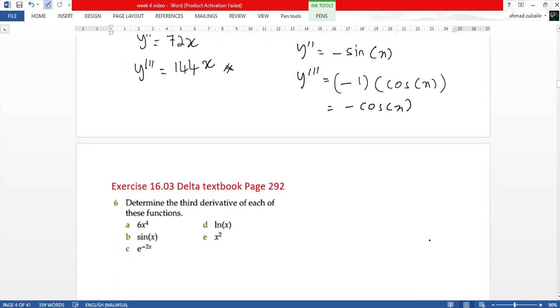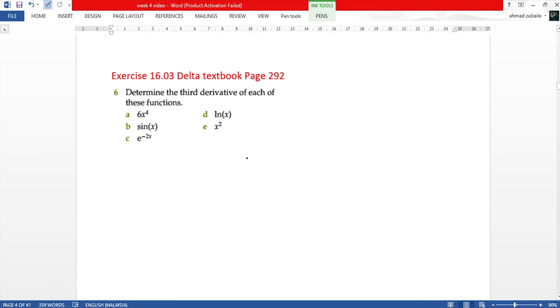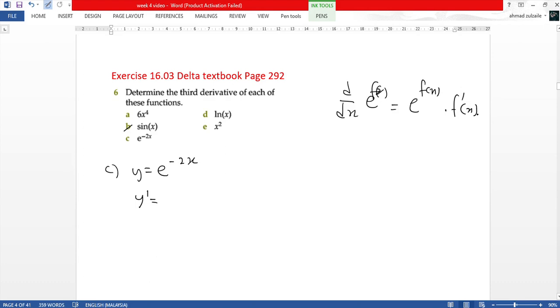Alright, moving on. So number 1, question A and B is done. Question C. Y equal to exponent negative 2x. So y prime. Remember, differentiate of exponent of function is number 1, copy again and multiply with differentiate the function.